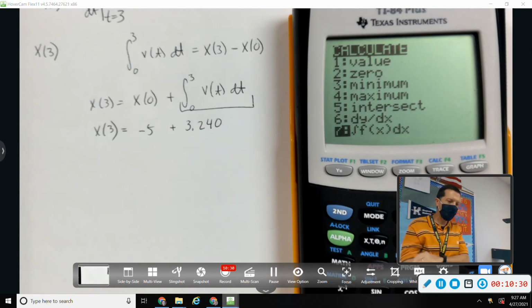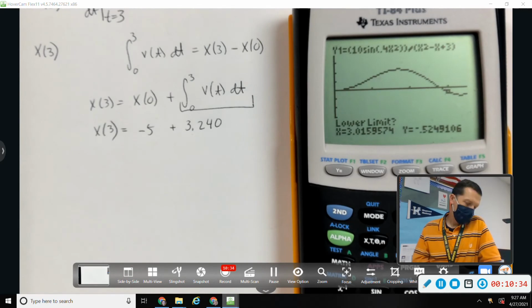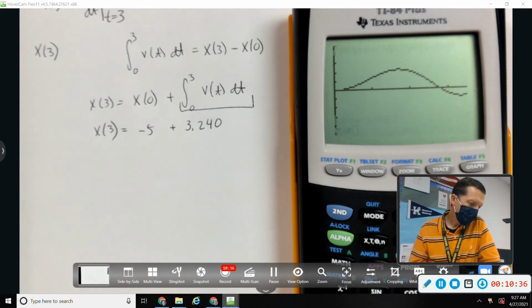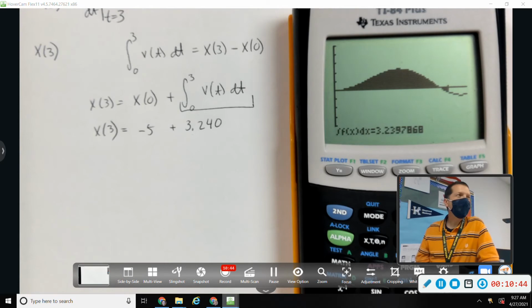So watch what happens when I select integrate when I'm on the graph screen. Lower limit, I want to go 0. Upper limit 3. So it's going to integrate from 0 to 3. And it even shows you, it's like, hey, remember integral is the area under the curve. So it kind of shows you the visual of what's going on. Maybe that's helpful.